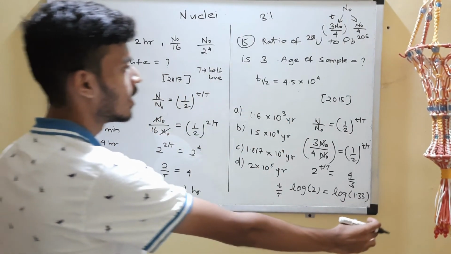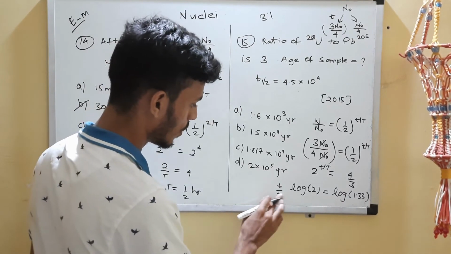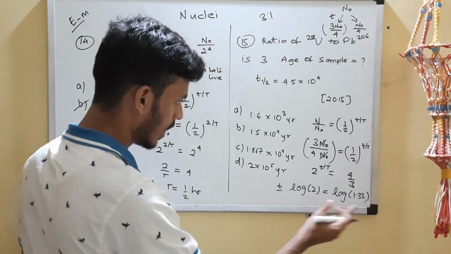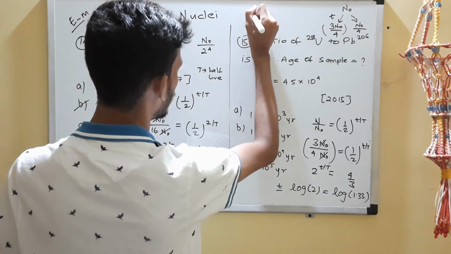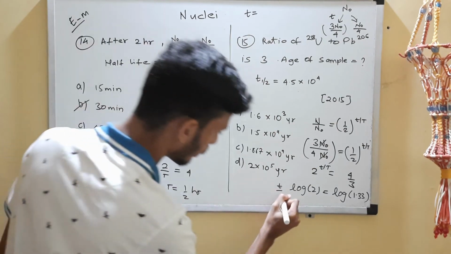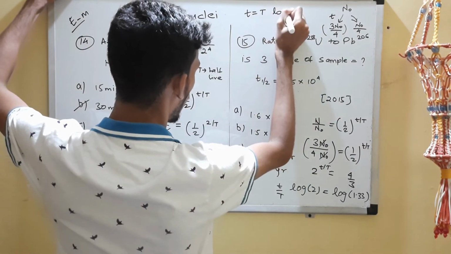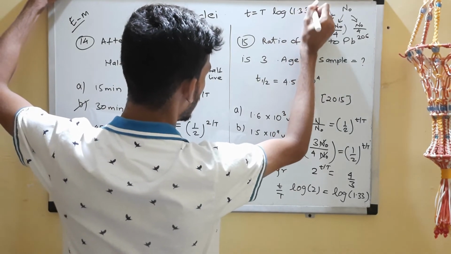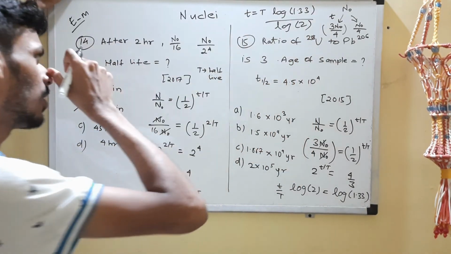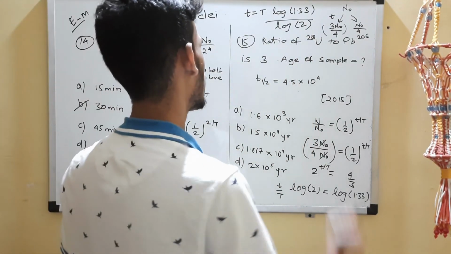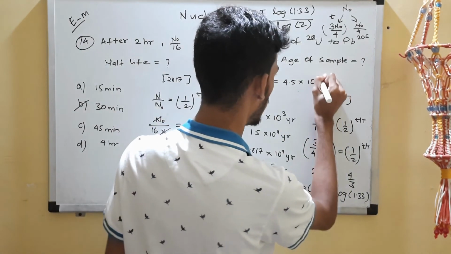Here you were given the values of log 1.33 and log 2, so you can substitute them. Capital T is the half-life. You're supposed to find small t, right? So it will be capital T into log 1.33, divided by log 2. This will be around 0 point something, and capital T is 4.5 into 10 to the power 9.